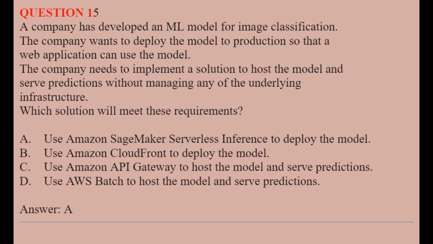Option A. Use Amazon SageMaker Serverless Inference to deploy the model. Option B. Use Amazon CloudFront to deploy the model. Option C. Use Amazon API Gateway to host the model and serve predictions. Option D. Use AWS Batch to host the model and serve predictions. Correct answer is option A.